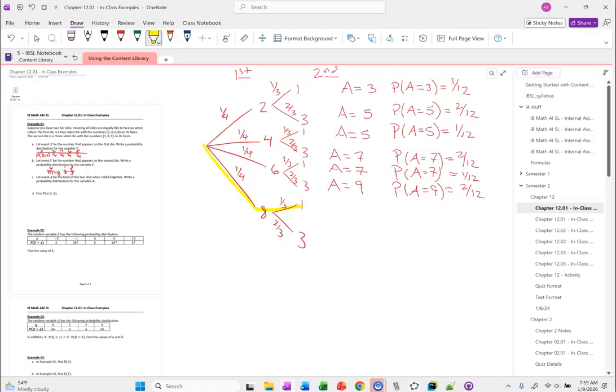We got 2 more. This one is a 9, and the probability there is 1/12. And then our last path is 11, and the probability there is 2/12.